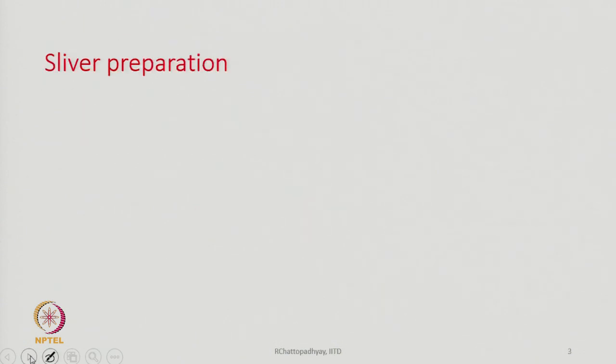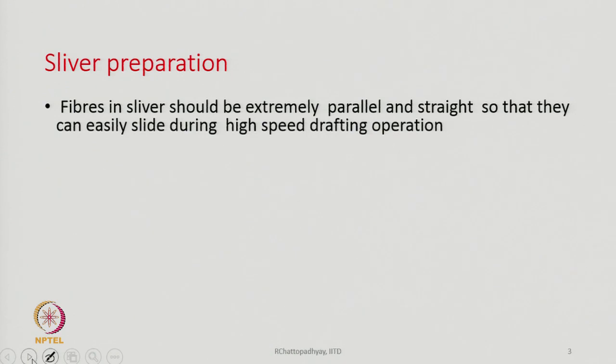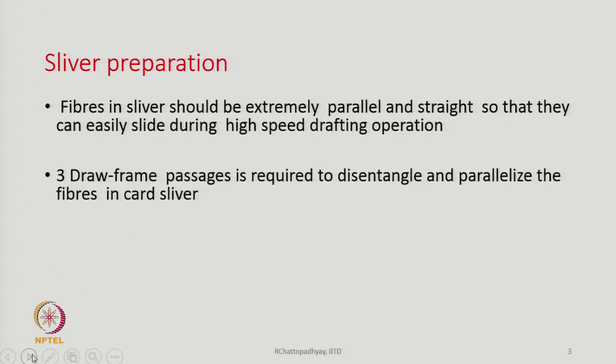When it comes to the preparation of the sliver, it is very obvious few things which are most important here we can understand. Sliver has to be very, very clean always, because the dust should be minimum.